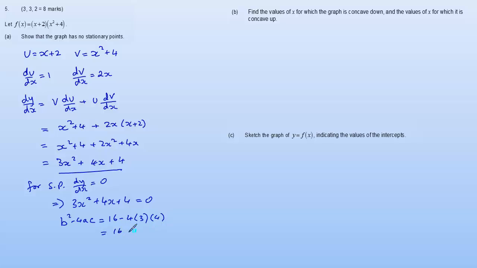So that's 16, take away 16 times 3, so 48, which is negative 32. And that implies no real roots. So there are no values for which dy dx can be equal to 0.